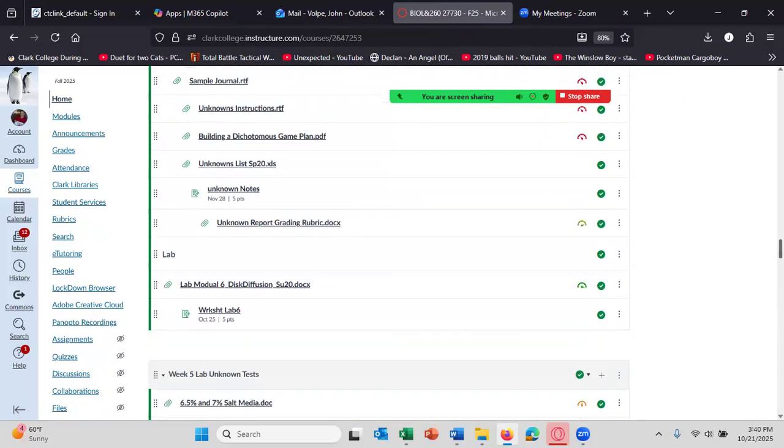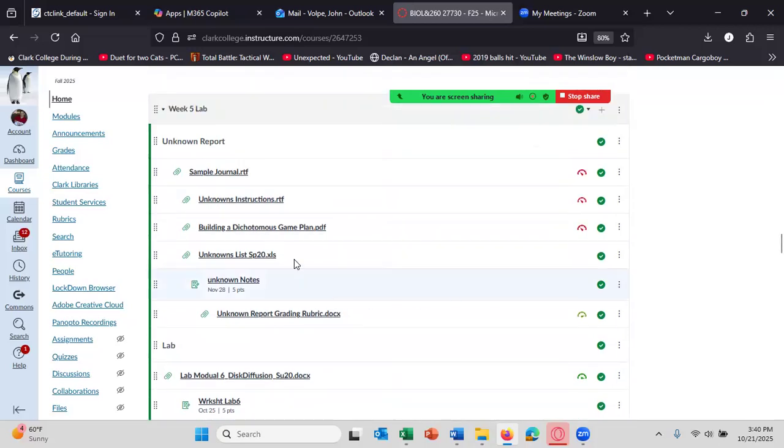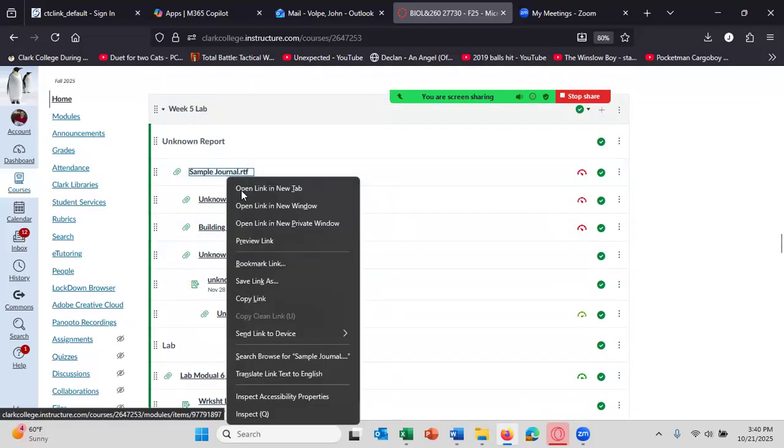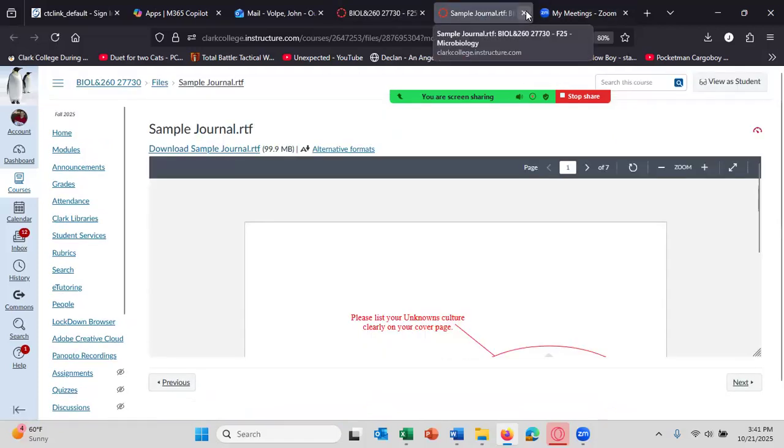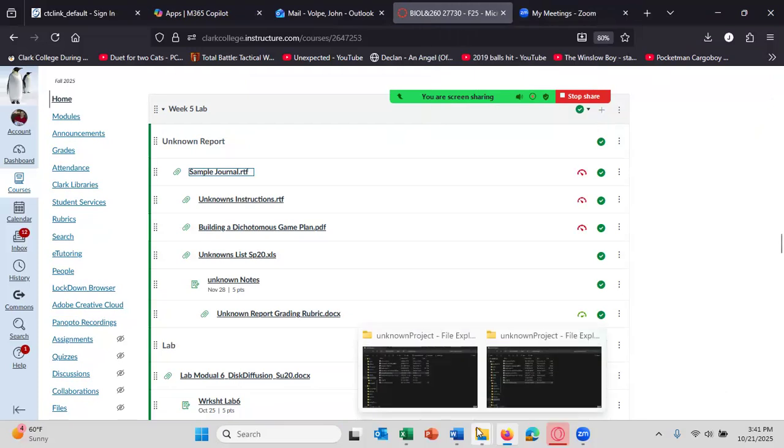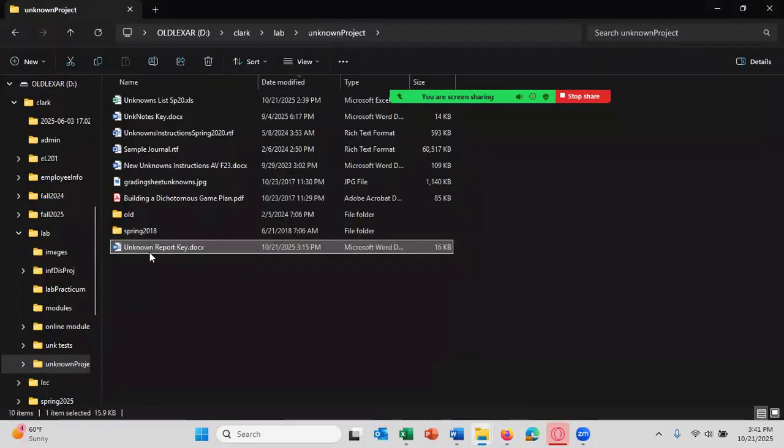Here, somebody asked about the example. The sample journal is an example of an unknown report. And instead of reading it here, let's go to my online because it's easier to see.